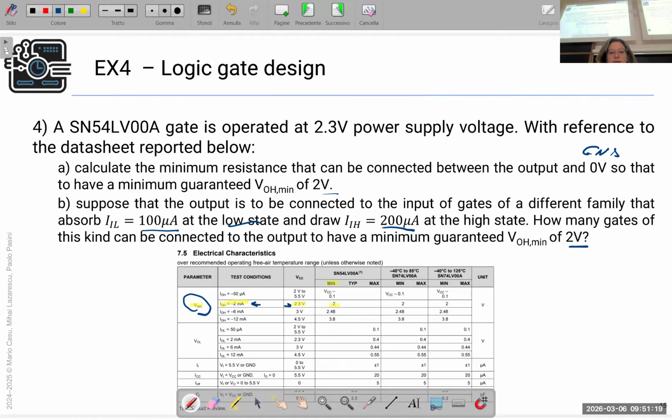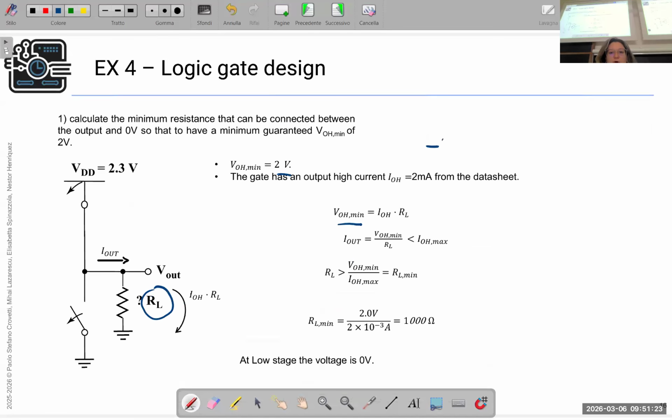Minus 2 milliampere does not mean that we have a value of minus 2. The minus is just the sense of the current, which goes out, okay? It's just 2. So minus indicates the sense of the current.